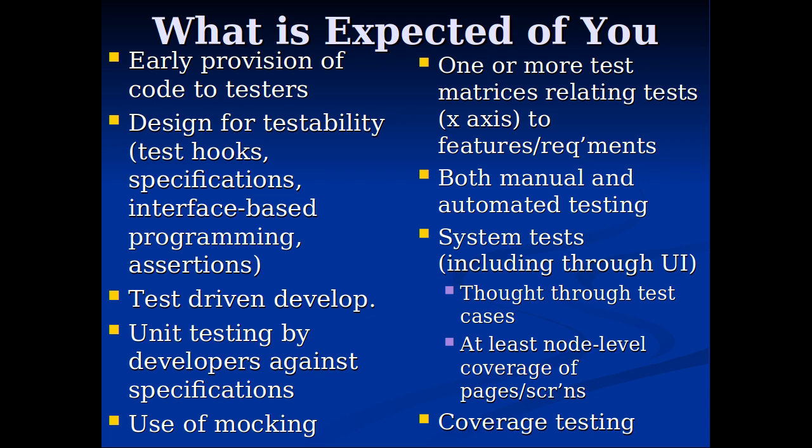If they're tied together in a hairball, ladies and gentlemen, it's hard to test the business logic without also going through the UI and having this database in place. It's hard to test the database layer without going through the web UI because they're so tangled together.